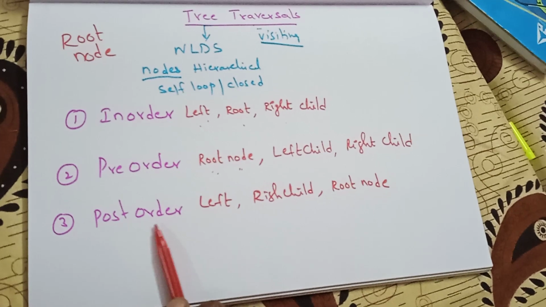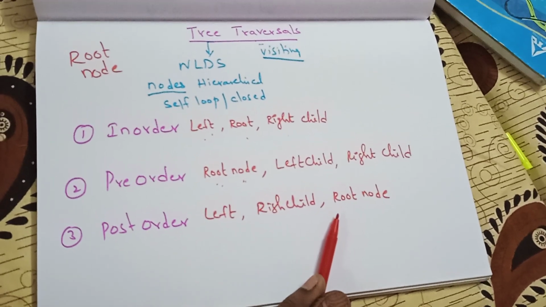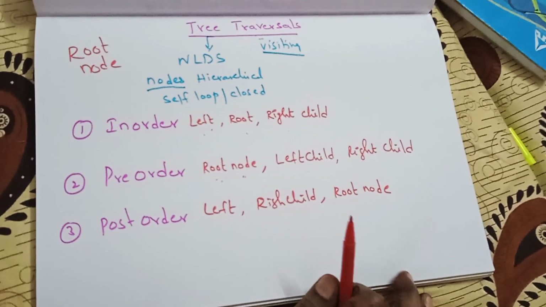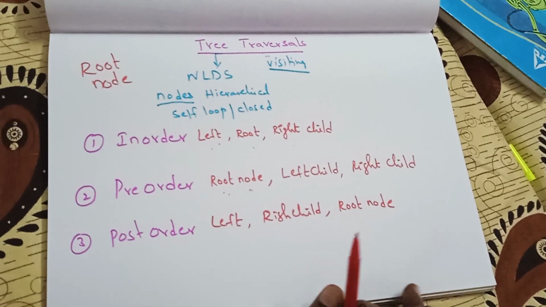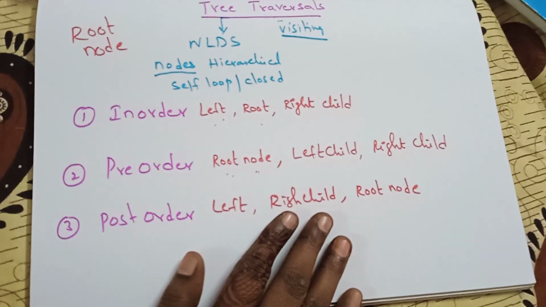And in post-order, we'll visit first left and right, then the root node. So this part you have to understand. Tree traversal means we'll visit all the nodes of a tree by following these scenarios.